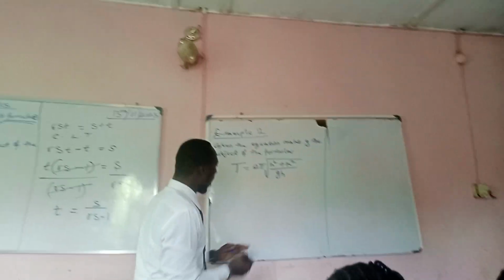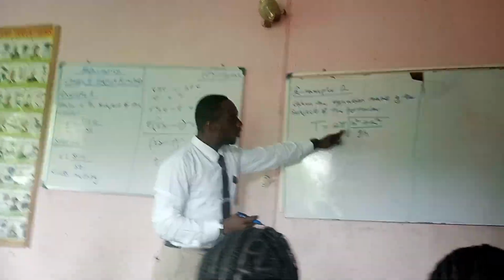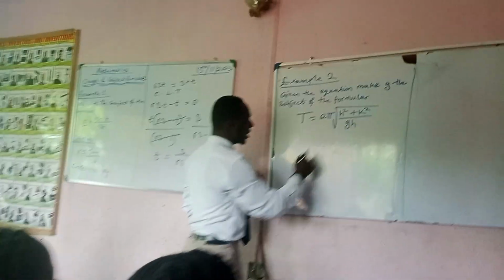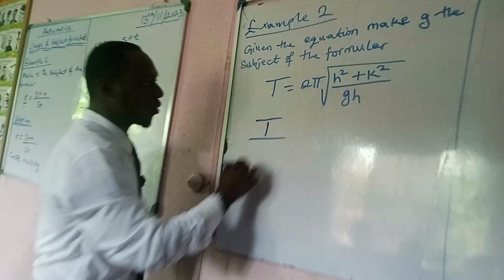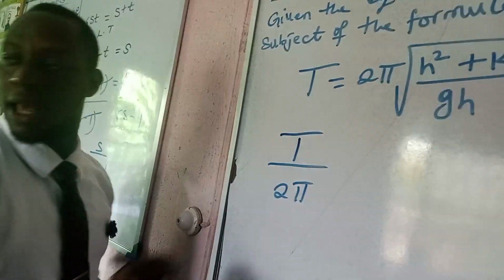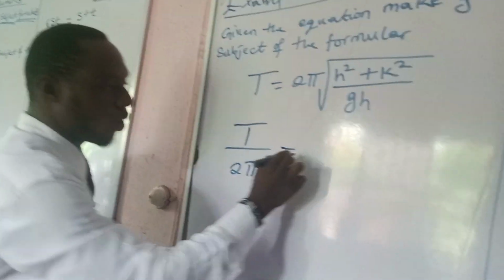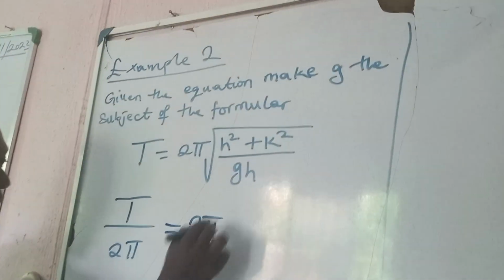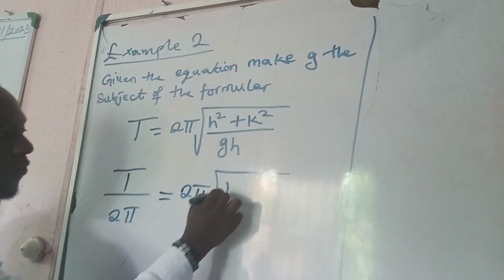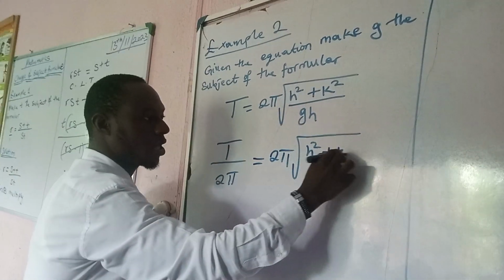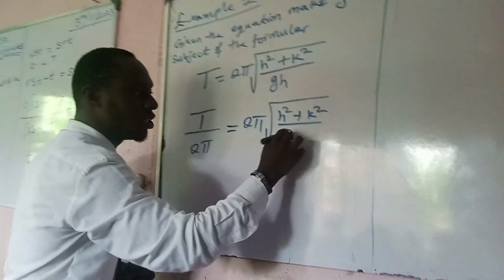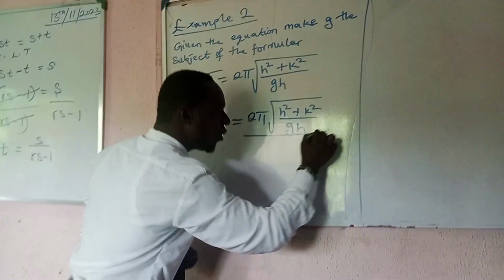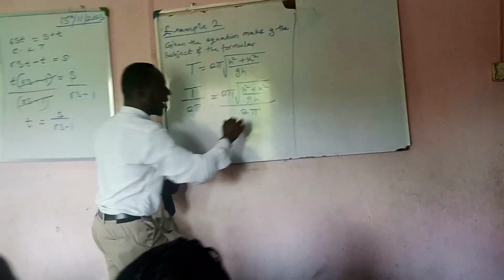If we divide through by 2 pi to remove 2 pi from this other side, we have that T is equal to what? 2 pi. Are you following? Yes, sir. Equals 2 pi square root of h squared plus k squared all over GH, all over 2 pi.